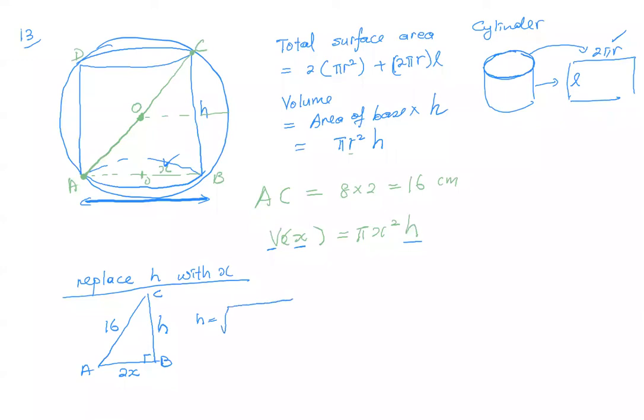When I remember Pythagoras theorem, I will say the shorter length is the square root of the longest length squared minus the other shorter length squared. To make my calculation easier, because there is a 2 here, there is also a 2 here, I break this into 2 square times 8 square minus 2 square times x squared. So I can factorize out the square root of 2 square.